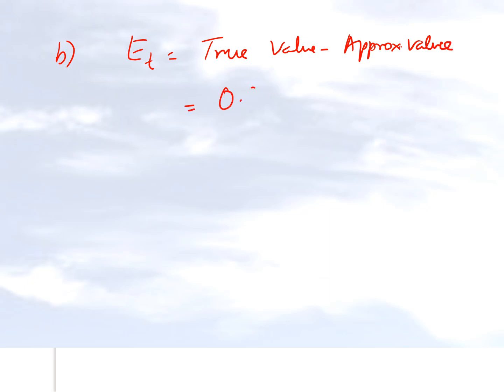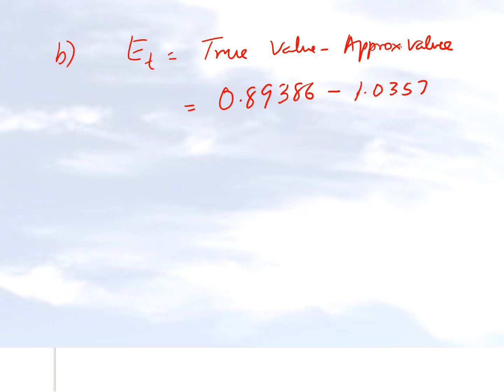So the true error will be the true value minus the approximate value. The true value is 0.89386, and you can find it just by using integration by parts, so that should be pretty straightforward.